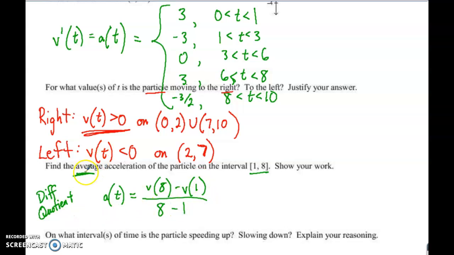So basically it's saying the average acceleration means the slope of the velocity over that interval, something like that. So that's what I mean by difference quotient. Difference because they're both subtraction, and then quotient because it's division. That's what I mean by difference quotient.